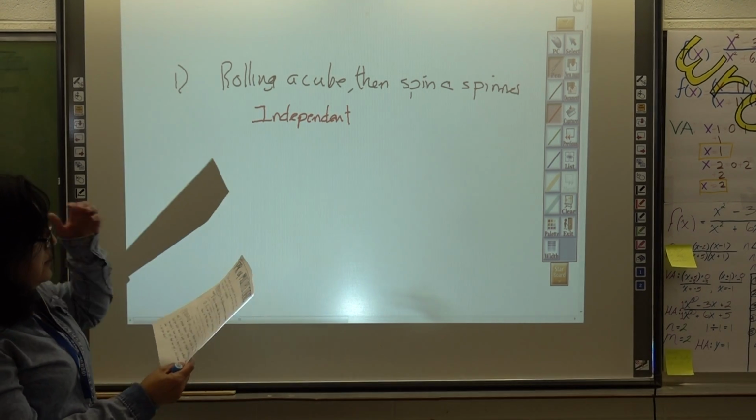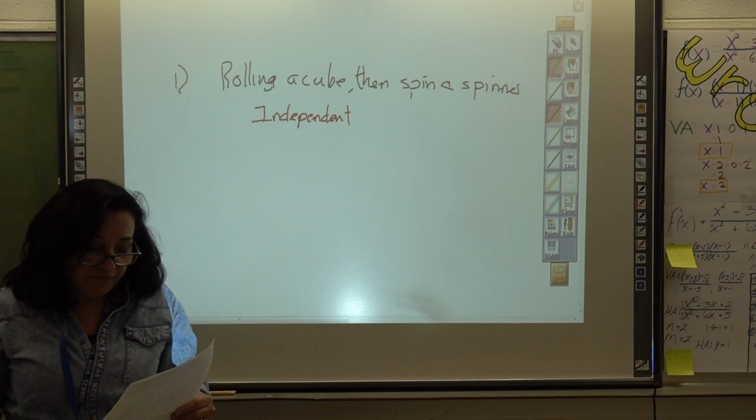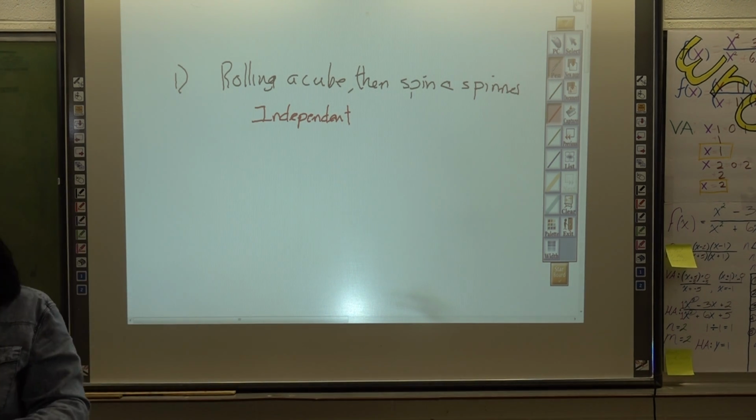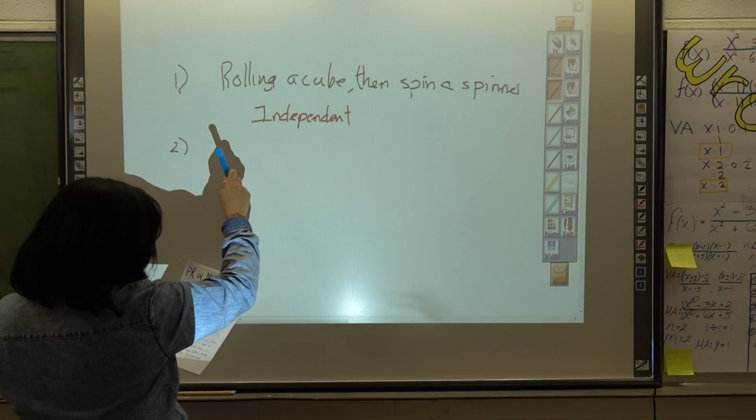Number 2, pick one flashcard, then another from a stack of 30 flashcards. We already talked about that one. That one is dependent.